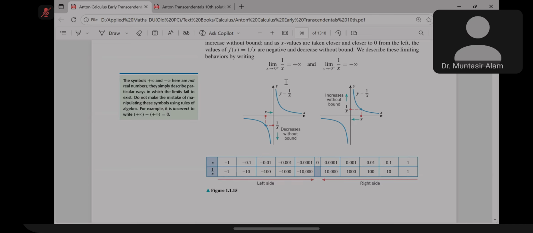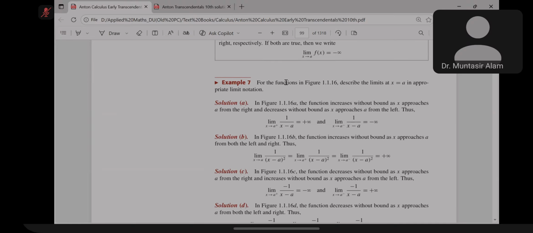That means limiting value plus infinity or minus infinity does not indicate the existence of the limit. Do you understand? If we get some finite limiting value, only then we can say limit does exist. But if we get any limiting value which is infinite, then that indicates limit does not exist.